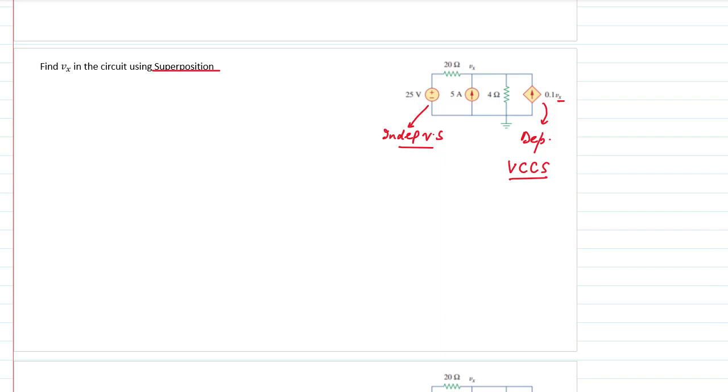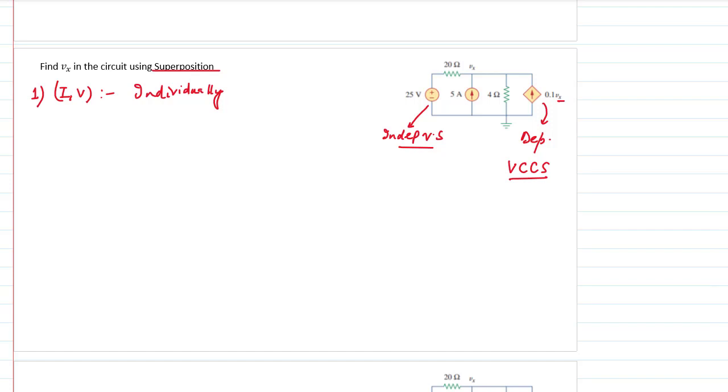Now, before I start this, I will recall what you have understood from the superposition principle in previous videos. The first step in superposition is that we check the current or the voltage that we have to find individually from each and every source.